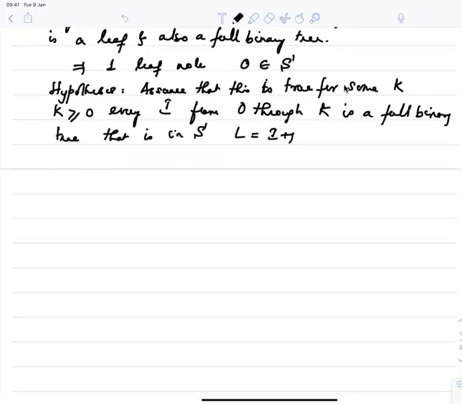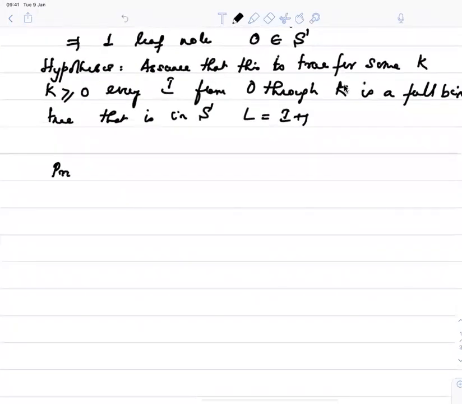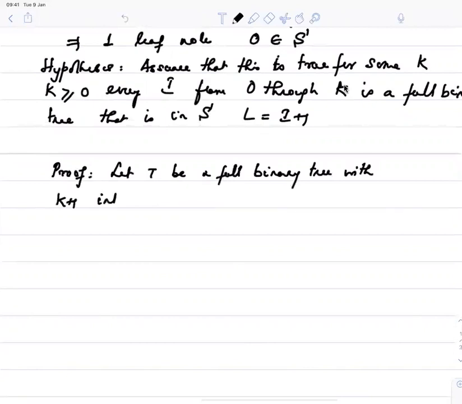Now, the proof of this is, let T be a full binary tree with, we'll add one internal node, k plus 1 internal nodes. So when it was 0, it was only the root. You don't have an empty binary tree.